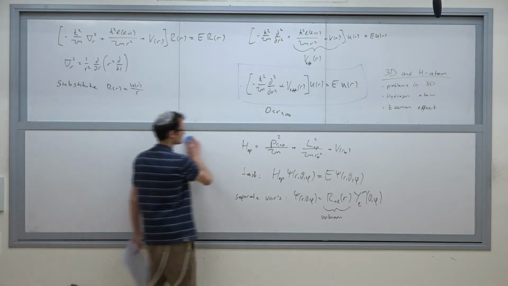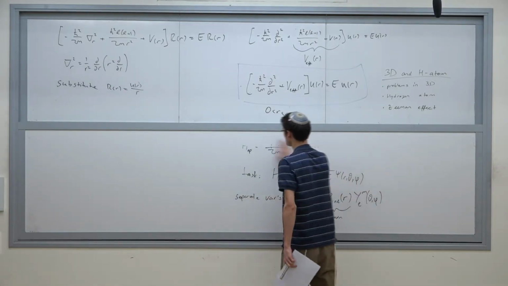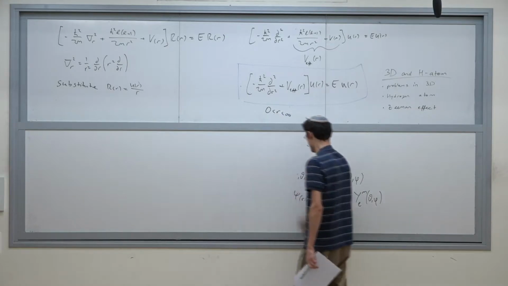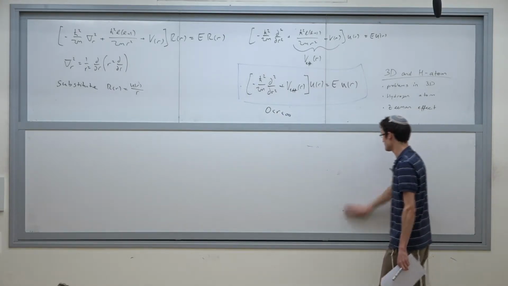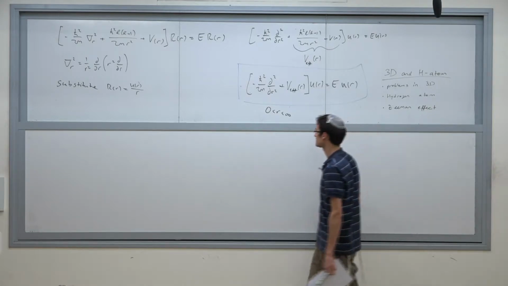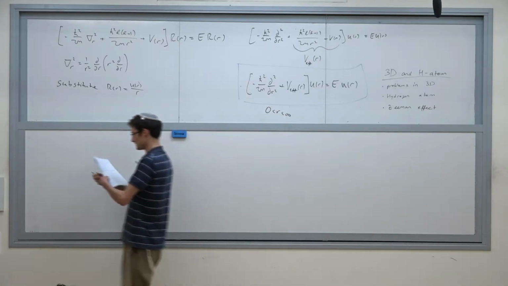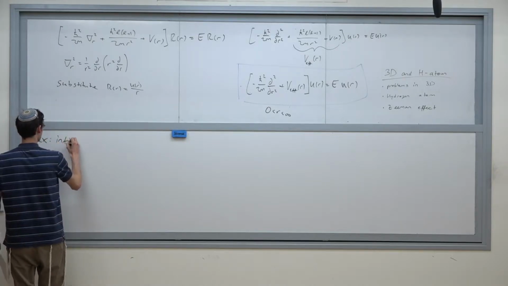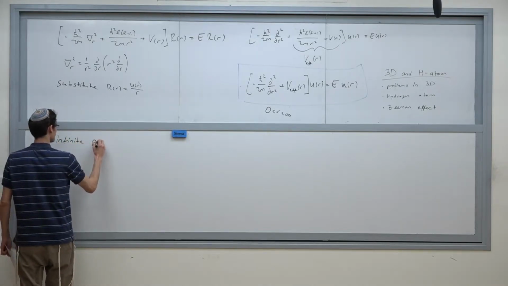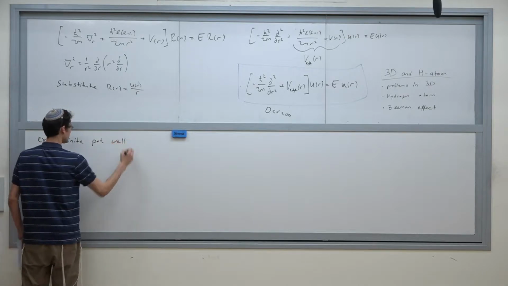In your homework you'll solve the finite potential well. And in your homework, I think you also have the free particle, which is also nice. So we're going to solve the infinite potential well. But it's now a 3D well.